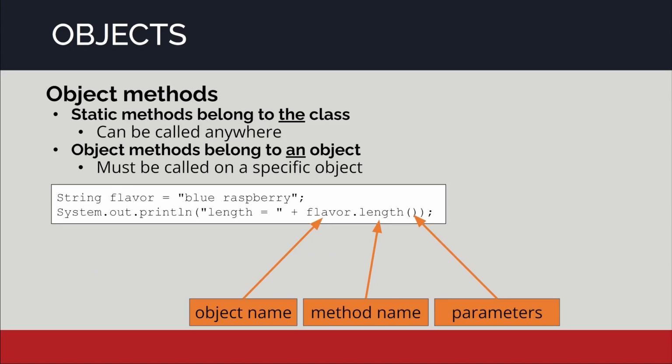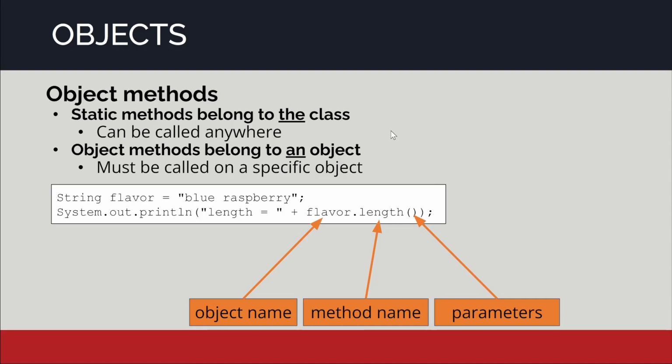Object methods belong to a single object, whereas methods that say static belong to the class. And so static methods can be used anywhere. They can be used inside the class. They can be used outside the class. And we saw that with the Math class. It has static methods that you can call by calling Math.abs, Math.max. Those are static methods.